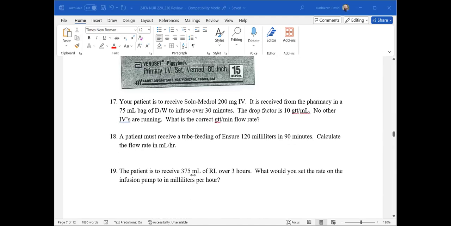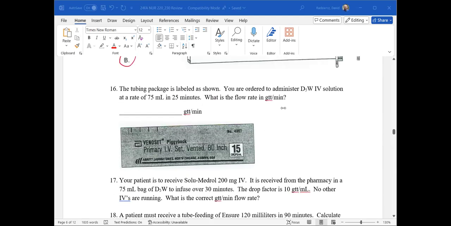All right. Yeah, let's do this one since I haven't worked it out yet. So in order to calculate drop rate, you need to know 2 pieces of information. You need to know flow rate and you need to know a drop factor.